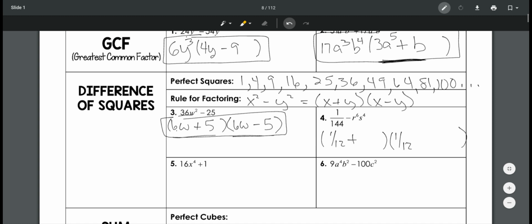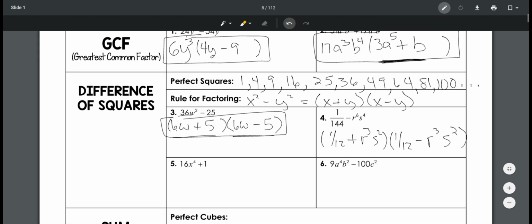I get 1 plus, 1 minus, and then for the second part, the r to the 6th, s to the 4th, I'm simply going to divide those exponents in half. So 6 divided by 2 is 3, and 4 divided by 2 is 2. So I'm going to give each group an r to the 3rd s squared.